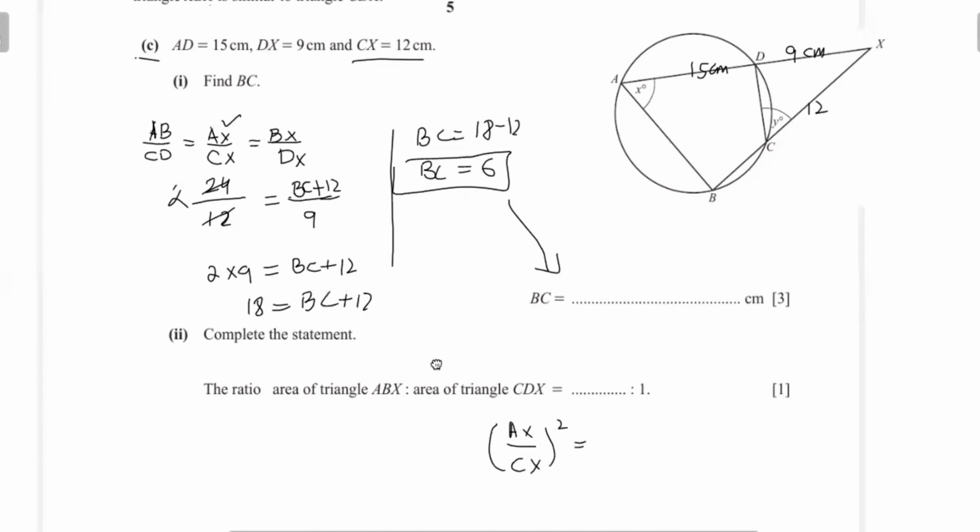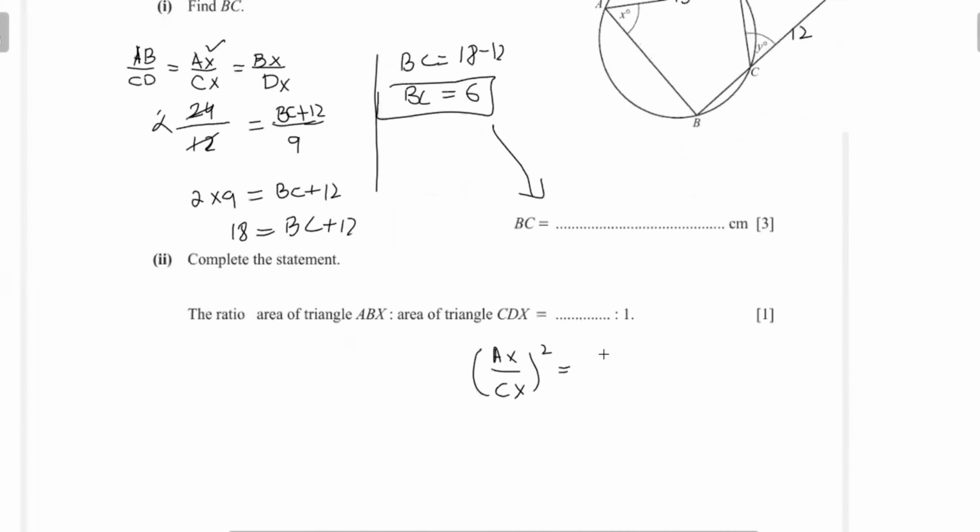And you know this AX value here is 24 and the CX value here is 12. We can write 24 divided by 12 as 2 over 1, squared. And this will be equal to 2 squared, which is 4, a ratio of 4 to 1. Therefore, we write 4 to 1 as the answer.